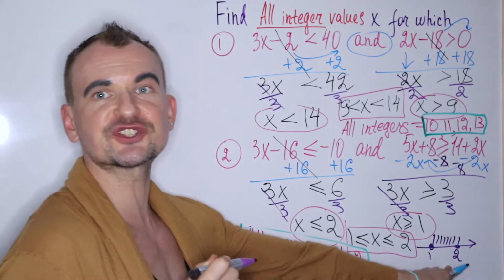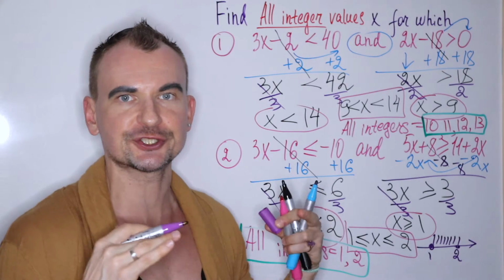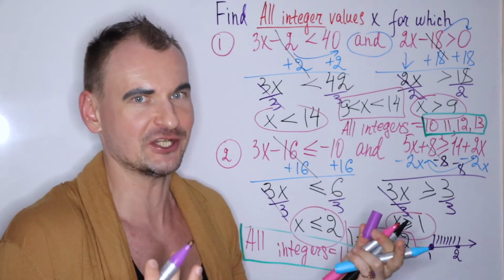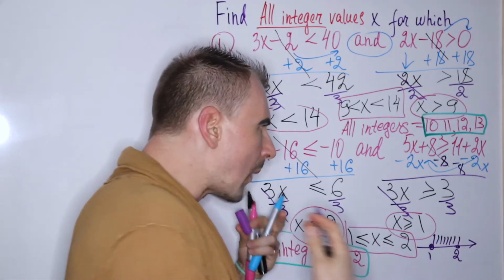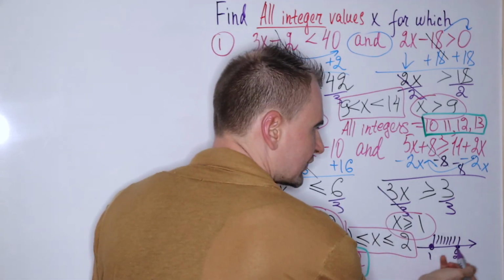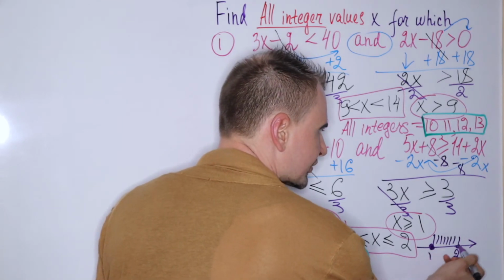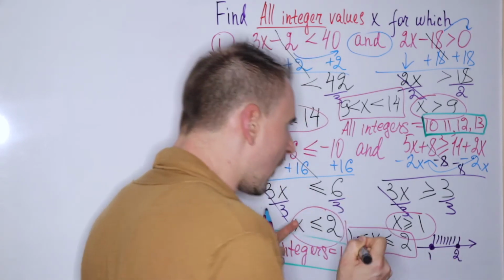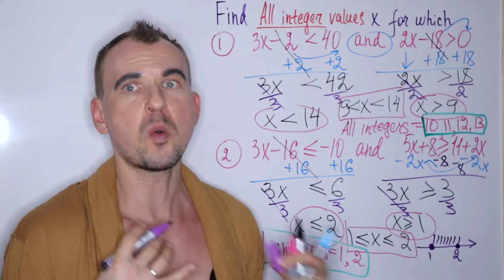Look at this number line: there are no integers between except 1 and 2, so the integers that work for this inequality are just 1 and 2.